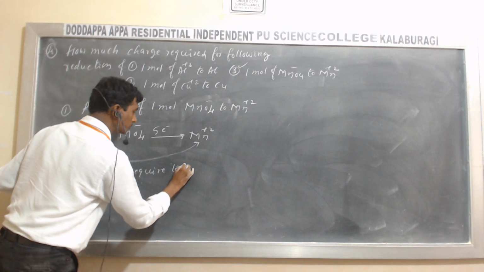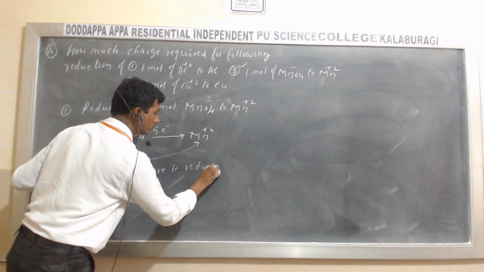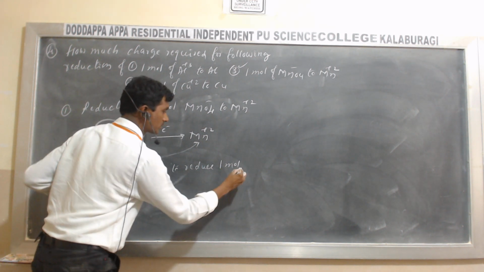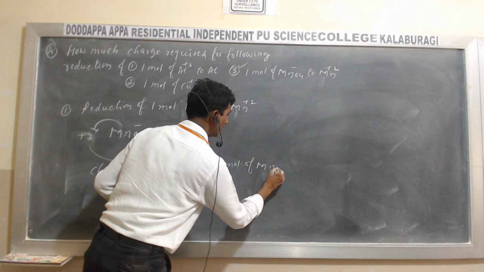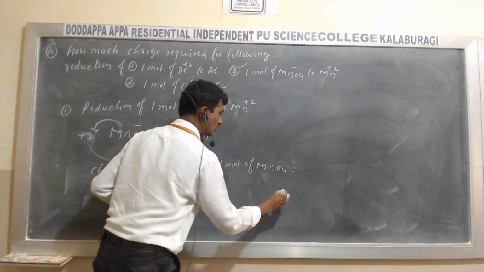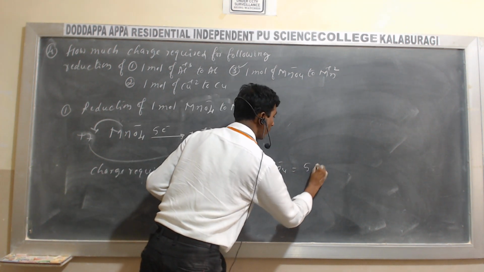to reduce 1 mole of MnO4 minus is equal to 5 Faraday.